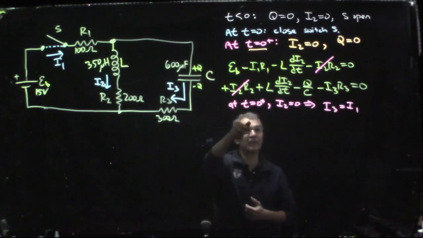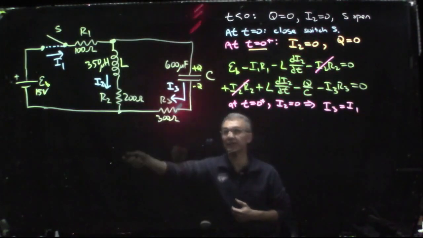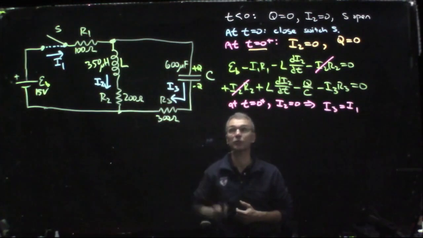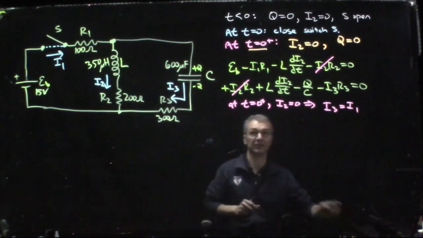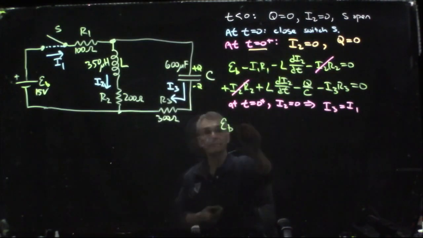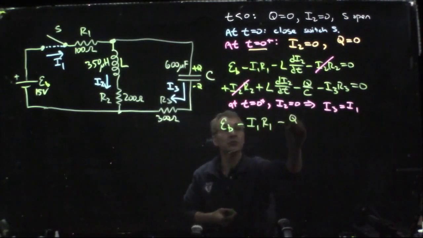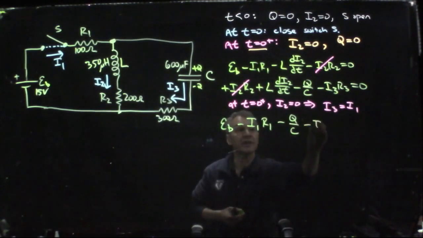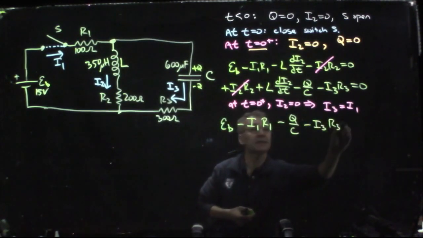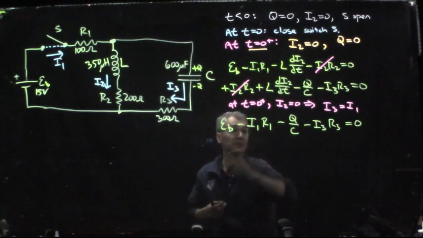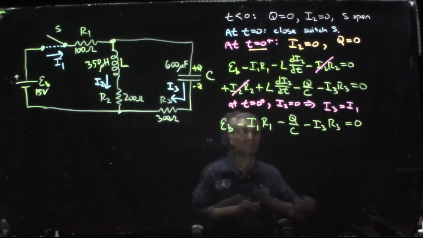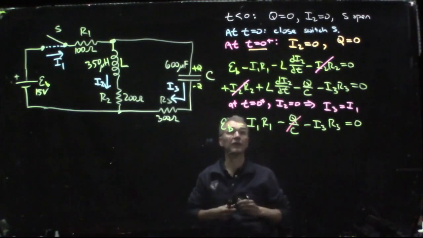So in fact, if I just added these two equations, I would get the same result as I get by applying the loop rule to the outside here. So let's just apply the loop rule to the outside. And I get the battery EMF minus I1 R1 minus Q over C minus I3 R3 equals 0. And then I3 is the same as I1, and Q over C equals 0 at this initial time.